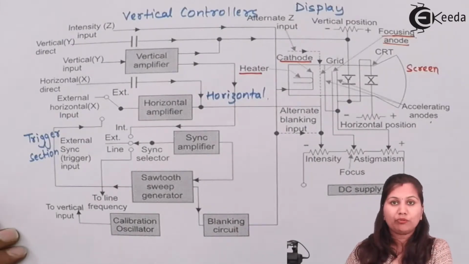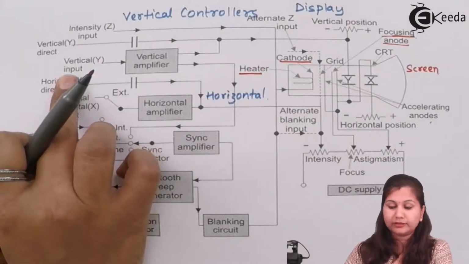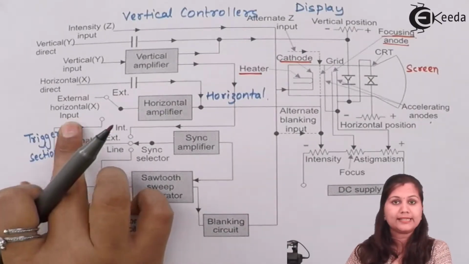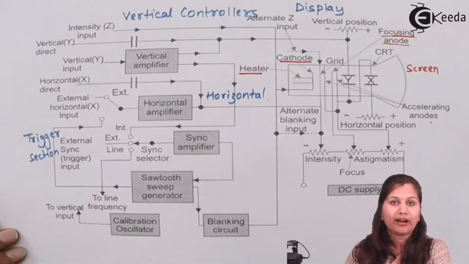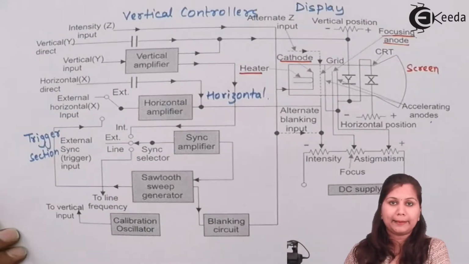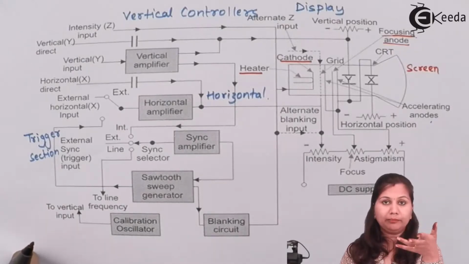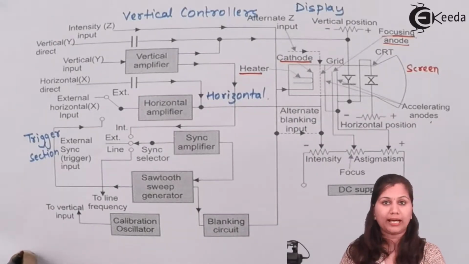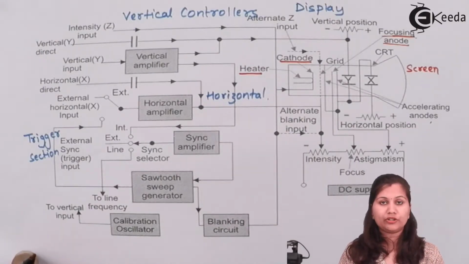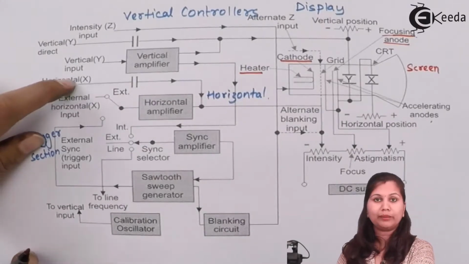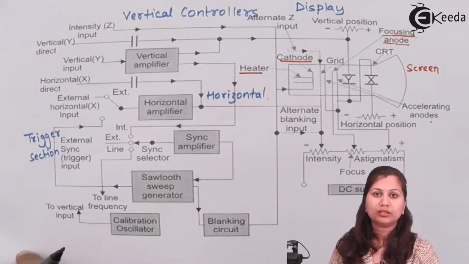The signal which we want to display is the vertical input, and the horizontal input is the internally generated ramp voltage which is called the time base. Because if we want to display the input signal with respect to time, we have to apply a ramp voltage, so that the vertical input signal will be displayed with respect to time.